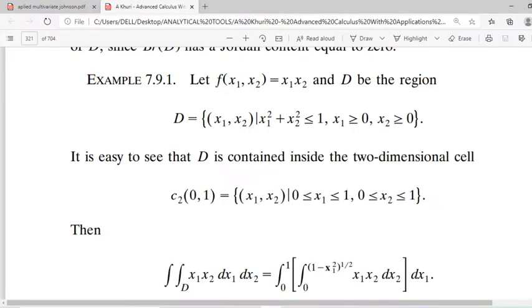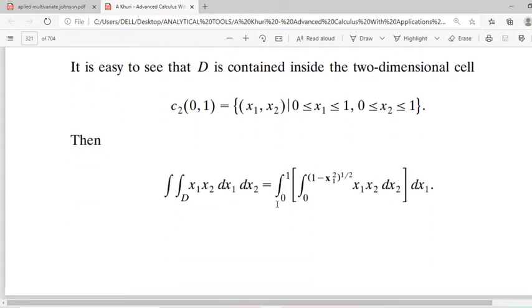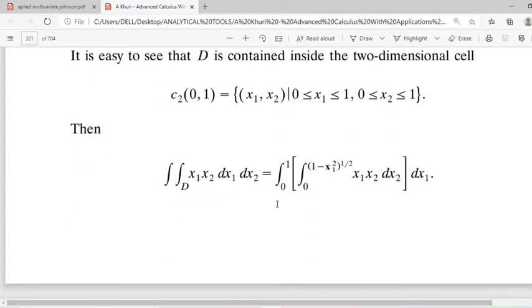That is denoted as C2, and the integration over that region can be solved by using these steps.